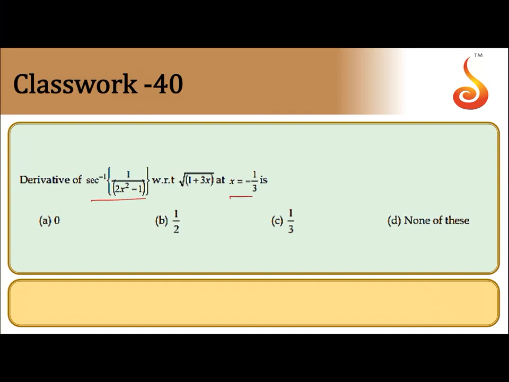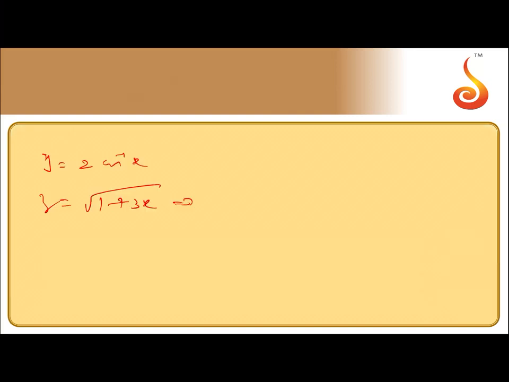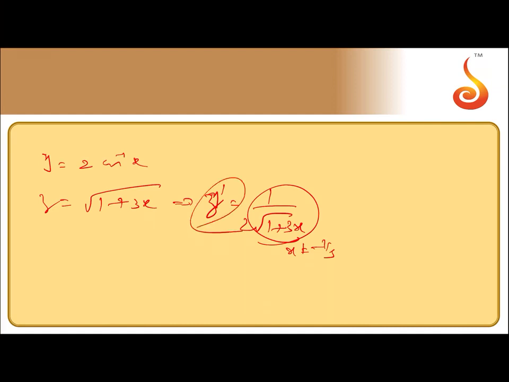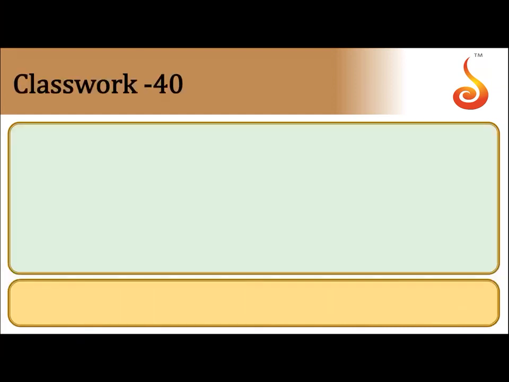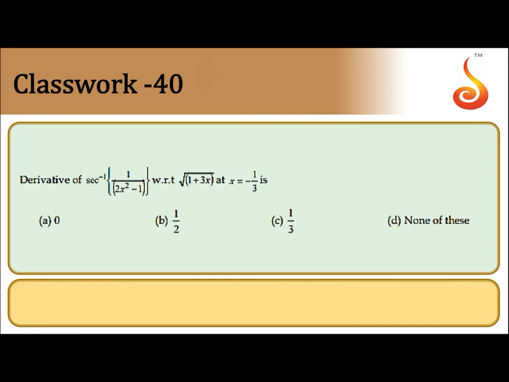And of course, you are given at x equals minus 1 by 3, meaning at minus 1 by 3, isn't it 0? So when you take z dash, it is 1 by 2 root of 1 plus 3x, I cannot substitute x equals minus 1 by 3. So therefore, this derivative doesn't exist. So does not exist means none of the first 3 options satisfies. Answer is none.